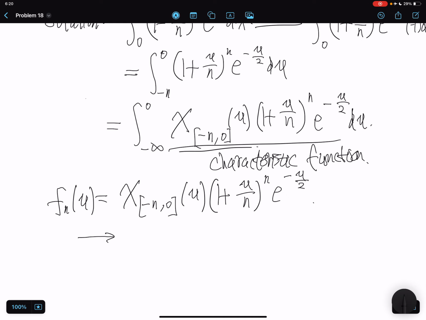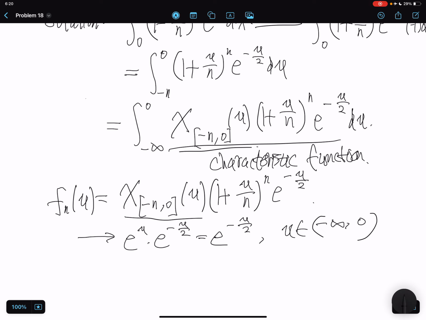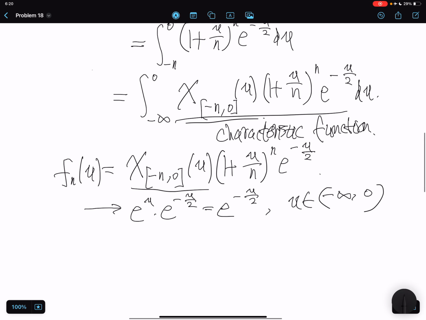When n goes to infinity, the characteristic function goes to 1 on minus infinity to 0, and now (1 + u/n)^n goes to e^u, and then times e^(-u/2). This is e^(u/2), when u is in minus infinity to 0. So this goes to this function.